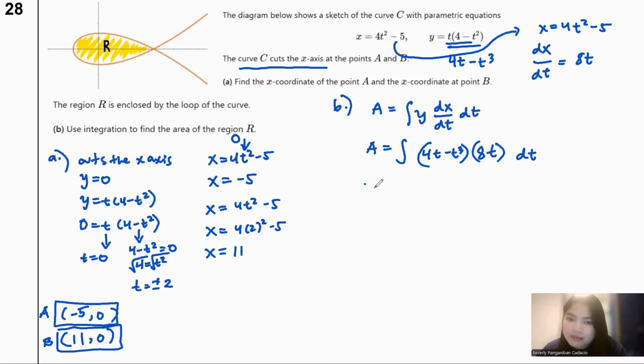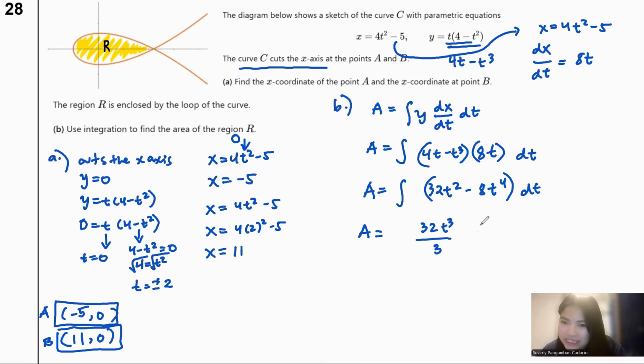Next, I'm going to expand. 8t times 4t will be 32t squared. And then going to do the same thing, 8t fourth power. And then dt. And that's it. You're just going to integrate that one. And what will be the answer if you integrate? Power rule. 32t cubed over 3 minus 8t to the fifth over 5.